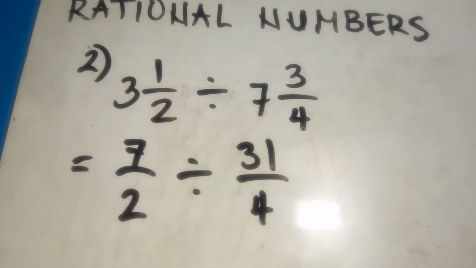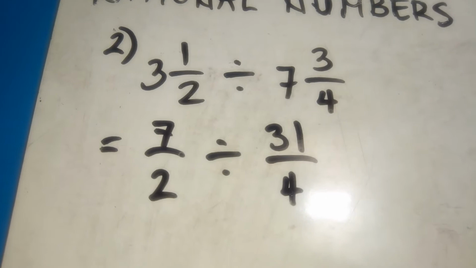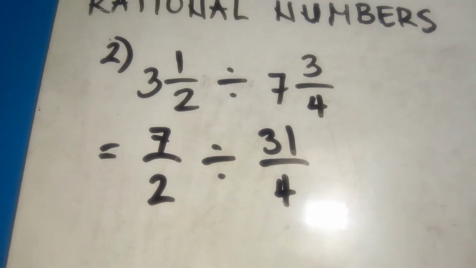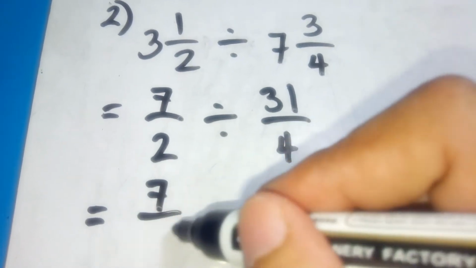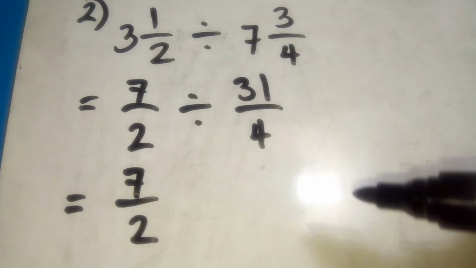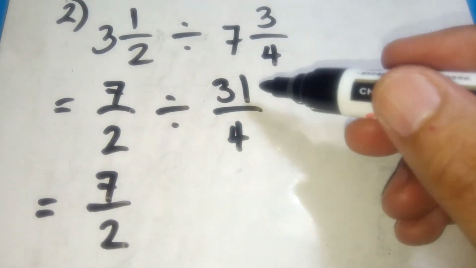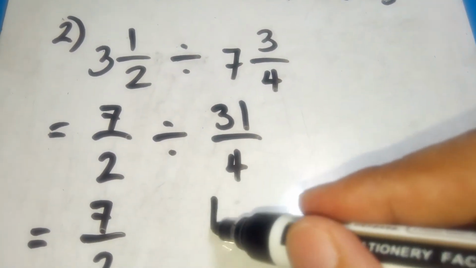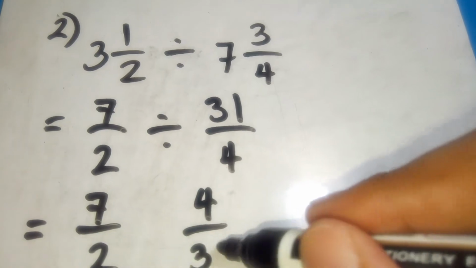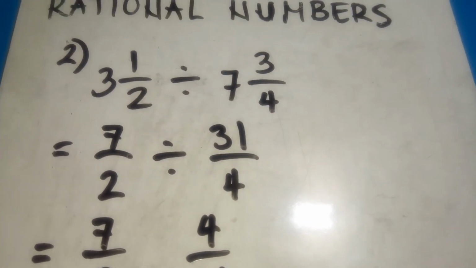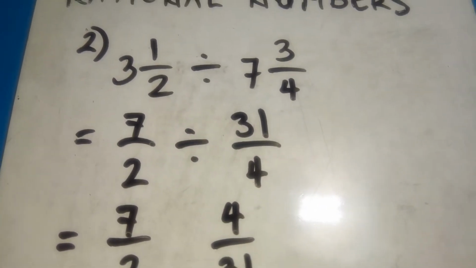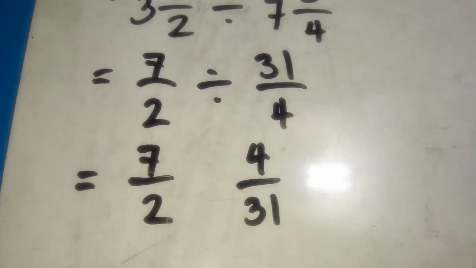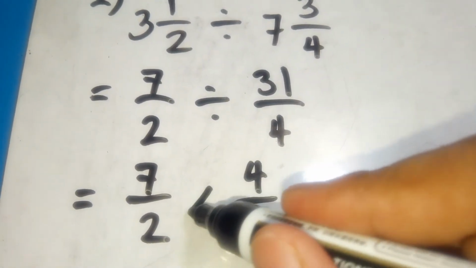Since they are already improper fractions, we can now copy 7 over 2, the dividend, and take the reciprocal or the multiplicative inverse of the divisor, so that's 4 over 31. Then we proceed to multiplication.